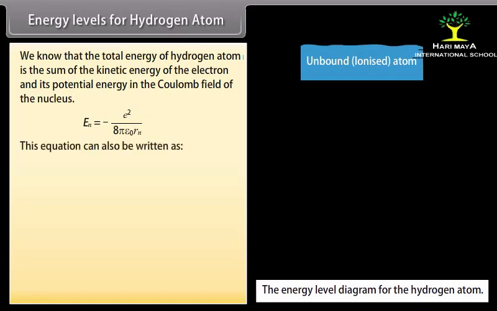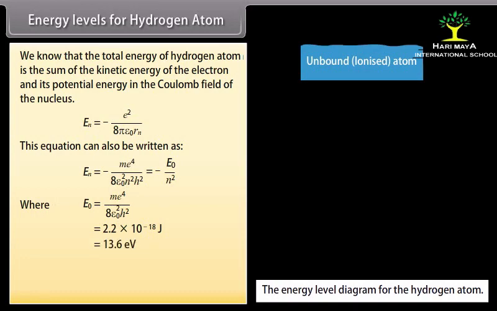This equation can also be written as En equals minus m e raised to the power 4 divided by 8 epsilon naught square n square h square, where E naught is equal to m e raised to the power 4 divided by 8 epsilon naught square h square. E naught equals 2.2 into 10 raised to the power minus 18 joule, which is equal to 13.6 electron volt. The above equation can also be written as En equals minus 13.6 upon n square electron volt.